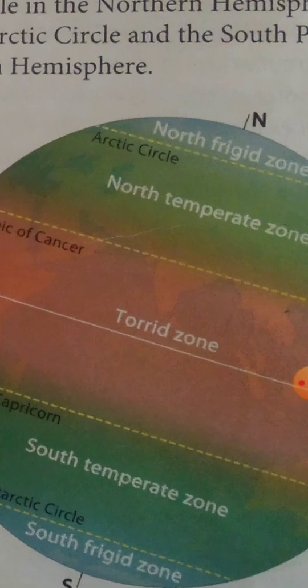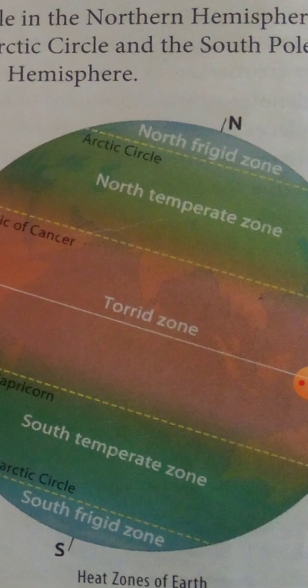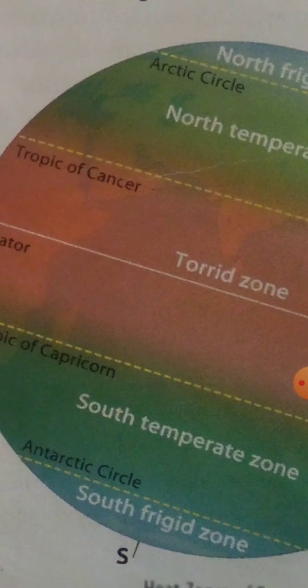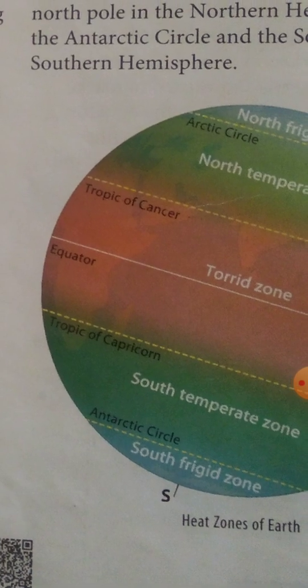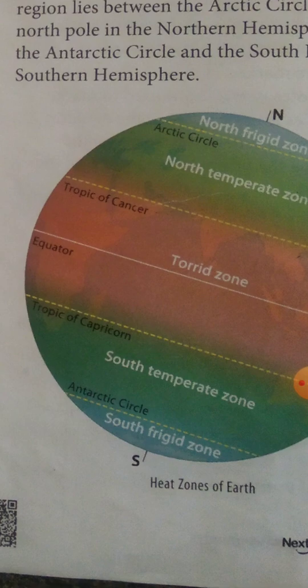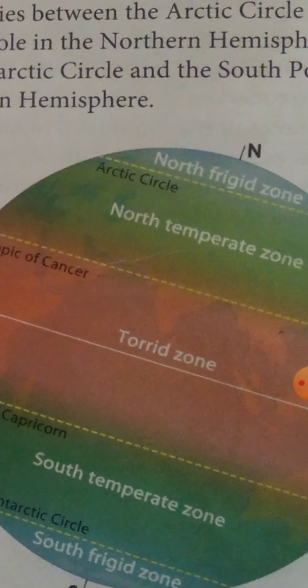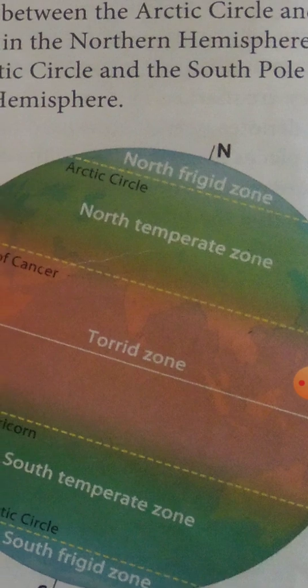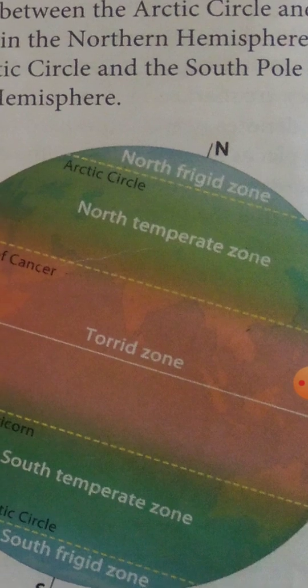Textbook में देखो, the Northern Frigid Zone is at the Arctic Circle, then the Northern Temperate Zone, Tropic of Cancer, in the middle the equator and torrid zone, then Southern Temperate, Tropic of Capricorn, and the Antarctic Circle, then the Southern Frigid Zone. Top of the page, North Frigid Zone. Okay, this is the coldest zone of the Earth.